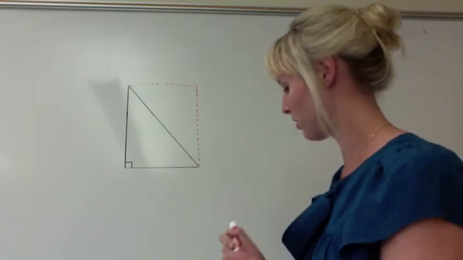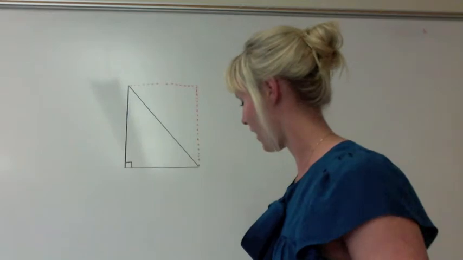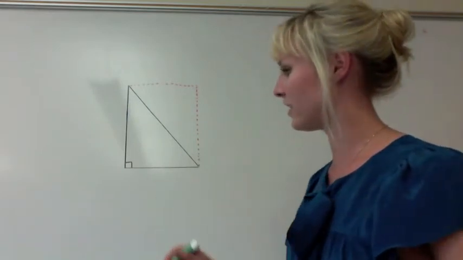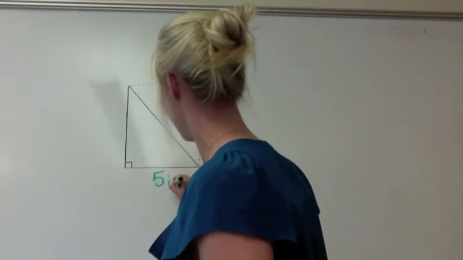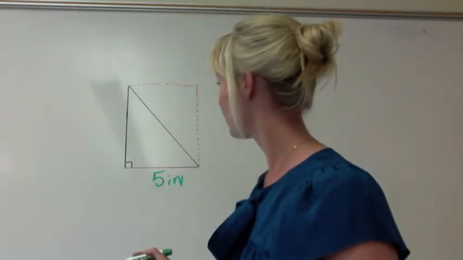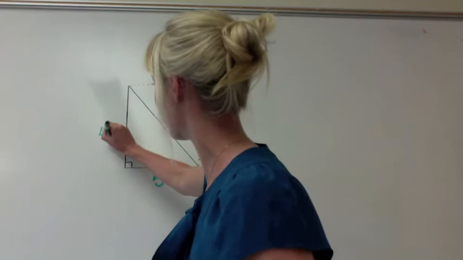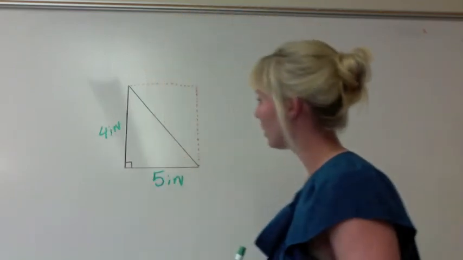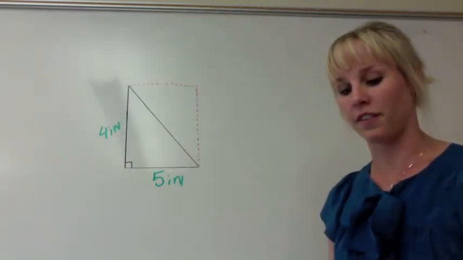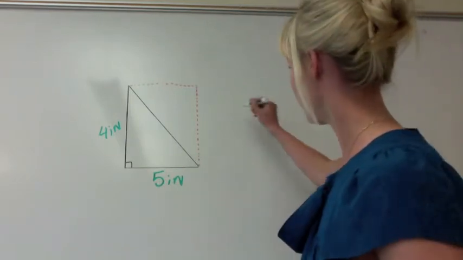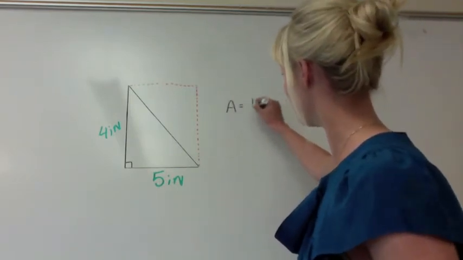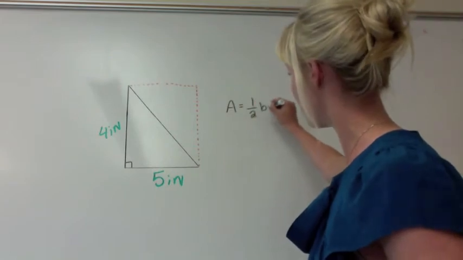So let's suppose that the base of this rectangle was 5 inches, and the height, let's say, was 4 inches. We can easily find the area of this triangle by using the equation area is equal to 1/2 of the base times the height.